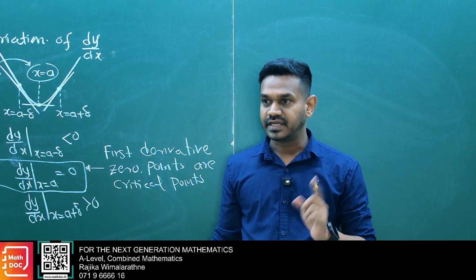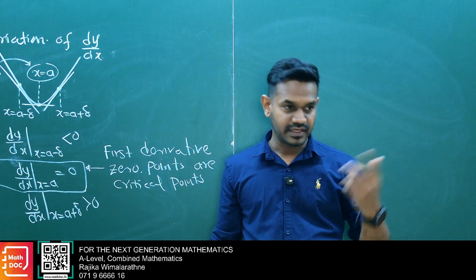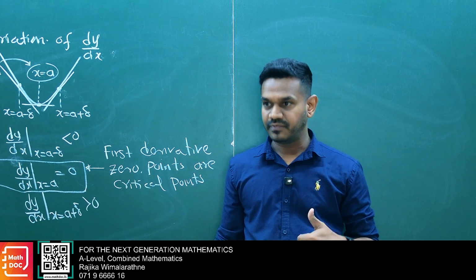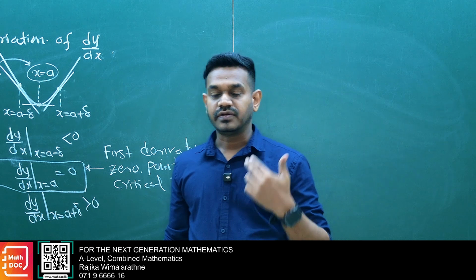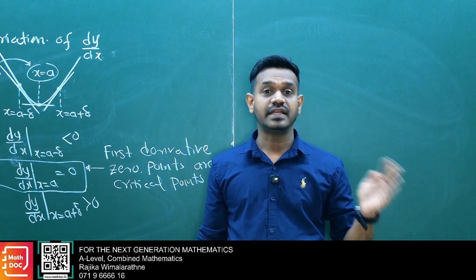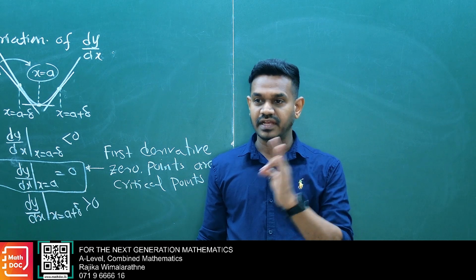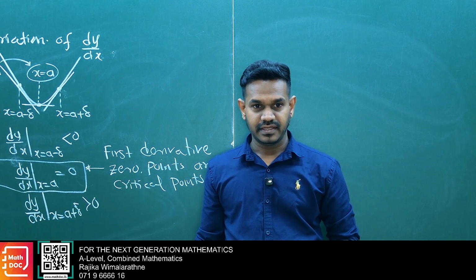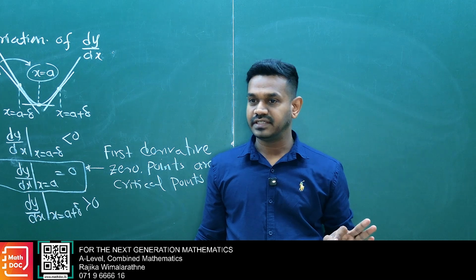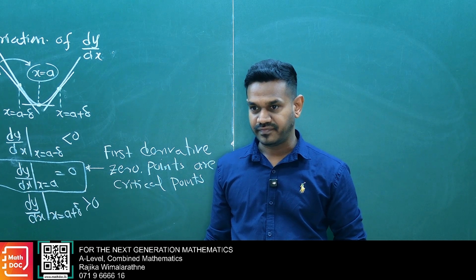That means x values. That value we can substitute in the function, then we can get the point. That's the procedure. So again, before differentiating the function, we have to convert that into single variable, like y equal fx. No multivariable functions we analyze, only single variable functions we analyze under A levels.